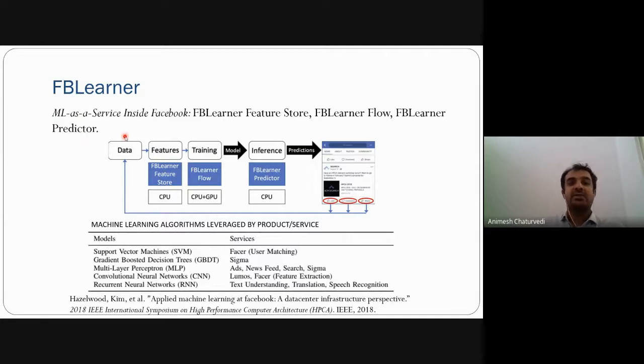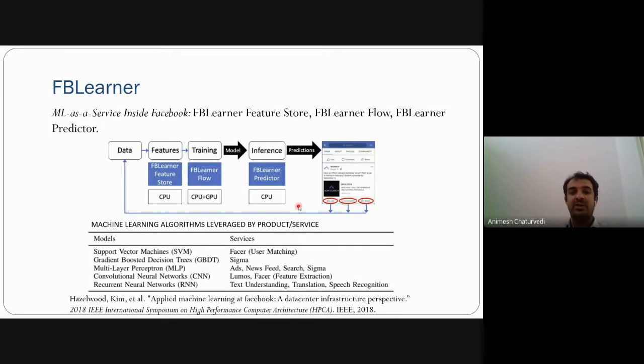FBLearner, you can assume, is machine learning as a service inside Facebook. Its components are feature storage, FBLearner Flow, and FBLearner Predictor. So these are feature storage, flow analysis, and prediction. And what is the model? Likes, comments, and shares are the various options in the Facebook app. It collects data from them, and this data is extracted as features.